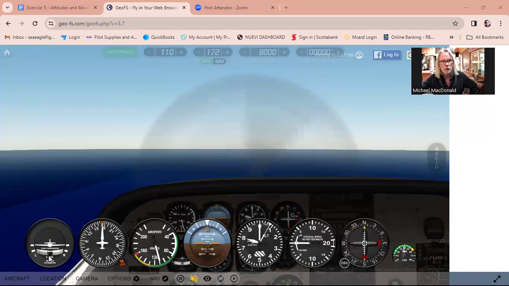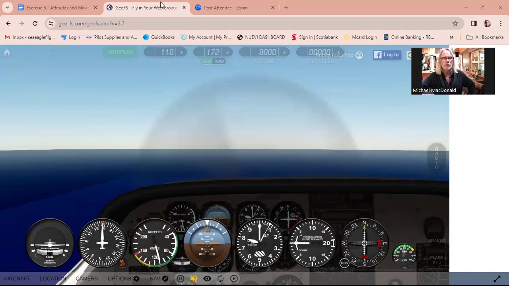And the little ball shows you whether the tail is following the nose in this turn, or whether you're slipping or skidding, which we won't get into in this lesson, but it becomes very important as time goes on. So that's your six pack, 1, 2, 3, 4, 5, 6. This is a navigation aid, we'll ignore that. And this is the RPM gauge, which is not necessary to discuss during this lesson.